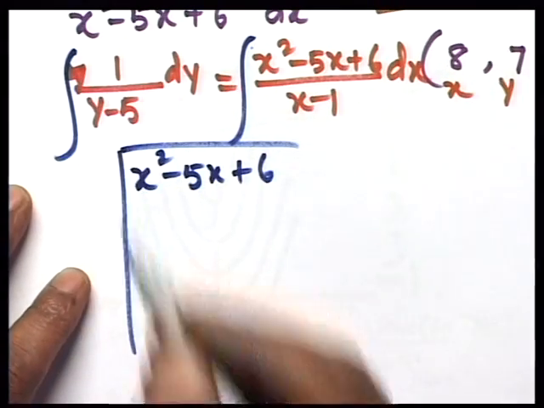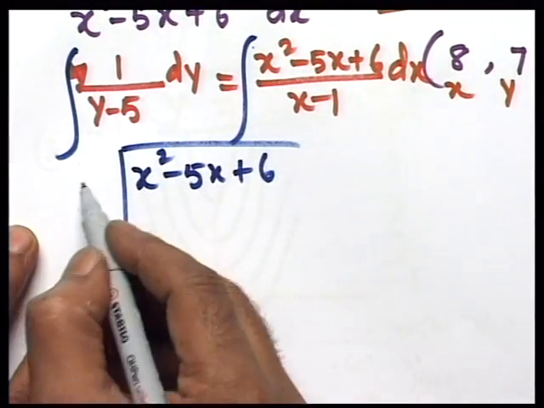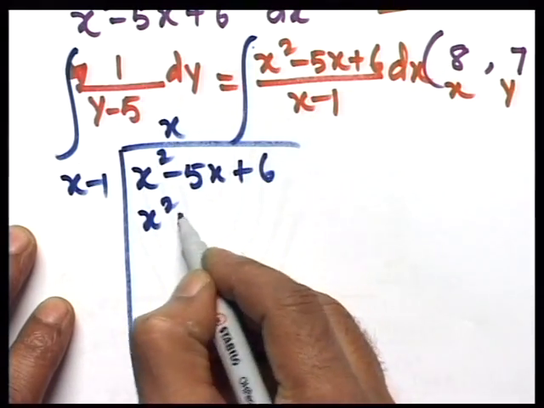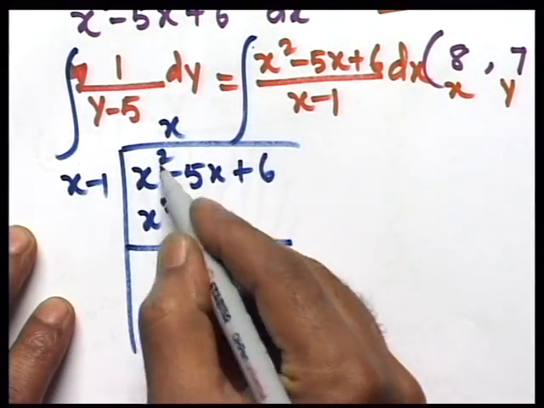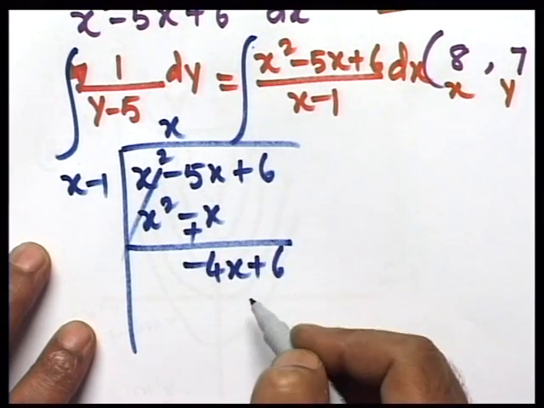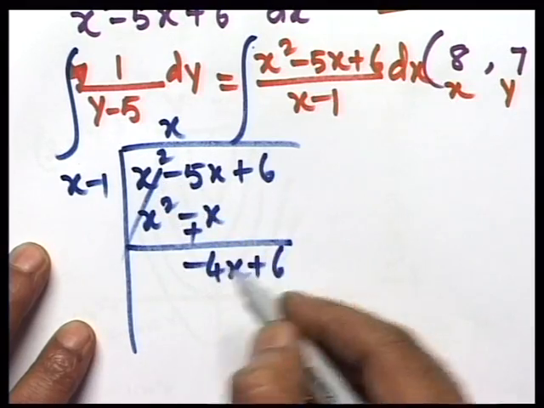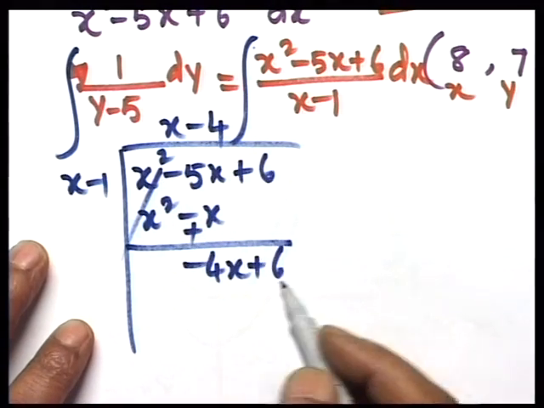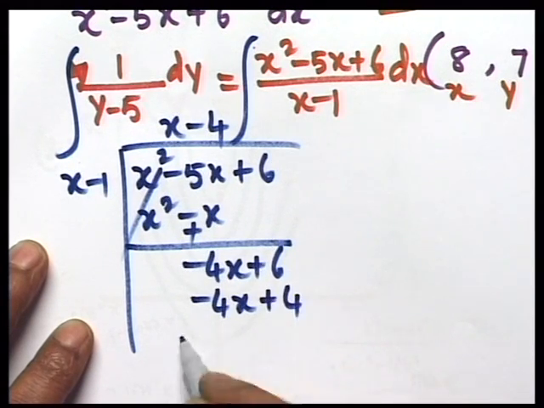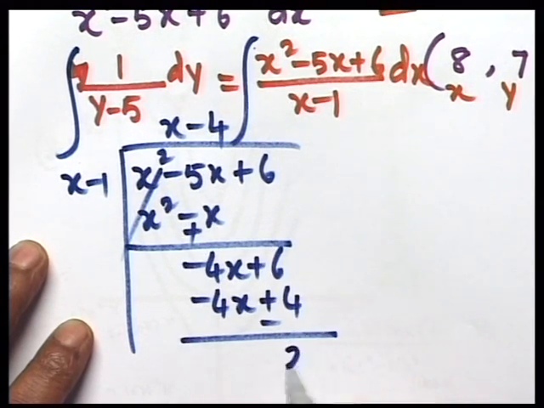Divide by x minus 1, that should be x, and x squared minus x. Transfer cancelled, so minus 4x plus 6. So it's a minus 4 on top there. So minus 4x plus 4, and the remainder should be 2.